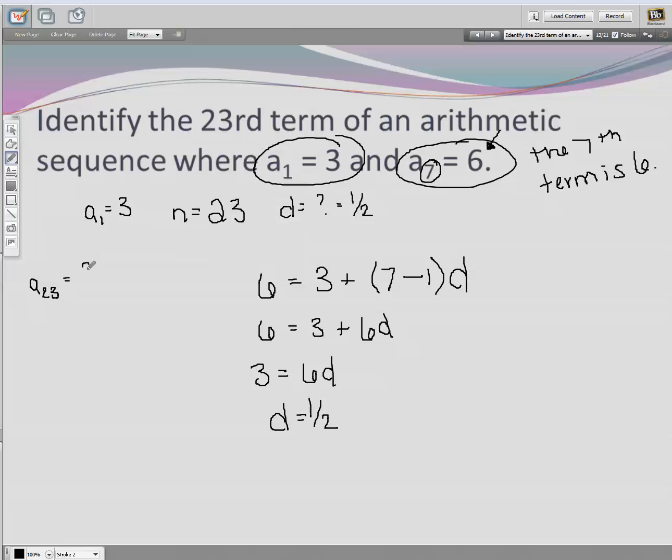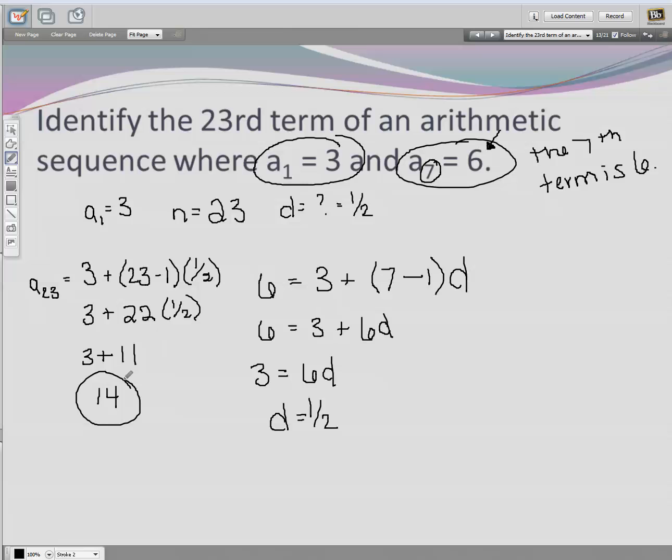So we're still going to use the first term plus n, which we know is now 23, and d, which is 1/2. So 22 times 1/2. 22 times 1/2 is 11. 11 plus 3 is 14. So the 23rd term is 14.